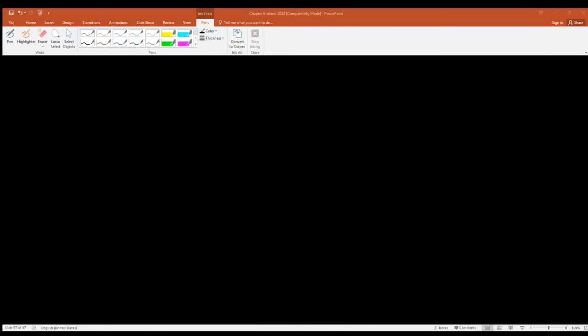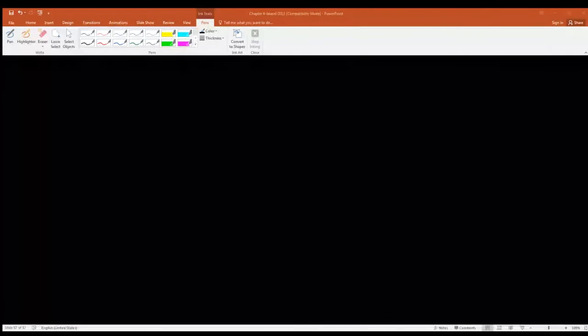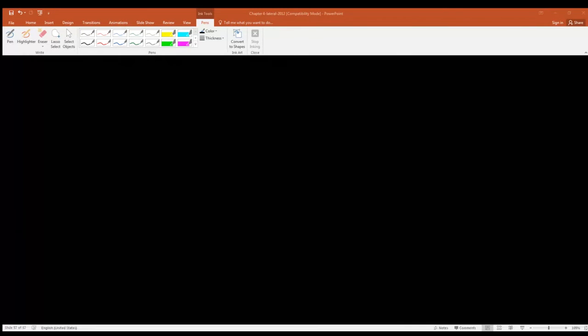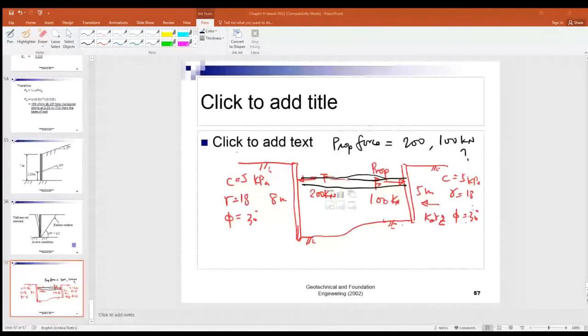What about the fill slope? Here, you have the original ground here, right? And then you put up soil there to give you a flat piece of land so that you can build your building there.